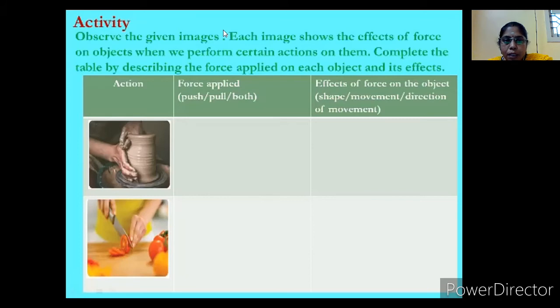Complete the table by describing the force applied on each object and its effect. Action: force applied, push or pull or both. Effects of force on the object: shape or movement or direction of movement.